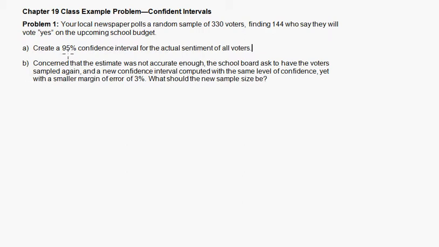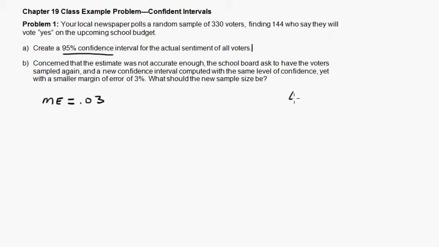So we still want 95% confidence, yet we want a smaller margin of error. This time we want a margin of error of 0.03. Okay, so we want an estimate of some kind.